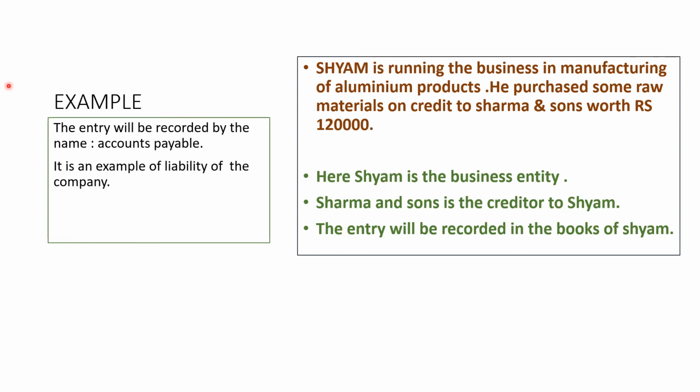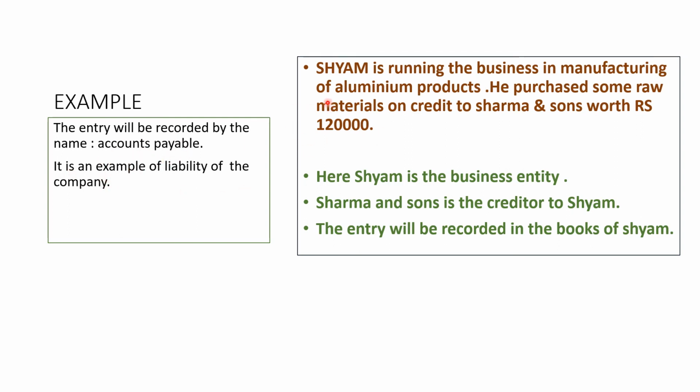Now since we are maintaining the books of Shyam, we will never write Shyam's name in his own books. We will write accounts payable, and in the bracket we will write Sharma and Sons, worth rupees 1,20,000. So it is a liability of Shyam. That means in the books of Shyam, the liability will be shown by the name accounts payable.